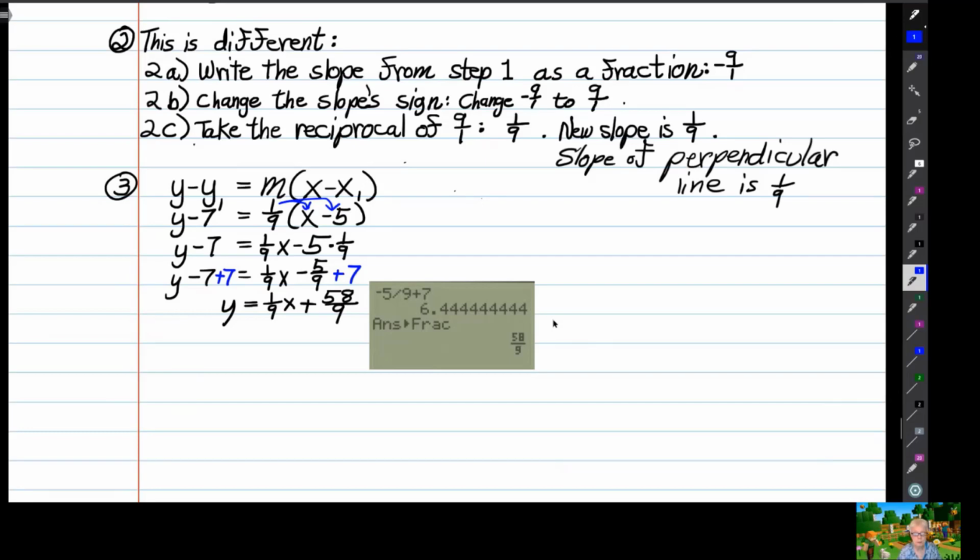That is minus 5 times 1/9. Now, again, minus 5 times 1/9 is negative 5/1 times positive 1/9. We multiply the numerators together, we multiply the denominators together, and this is going to give us negative 5/9.